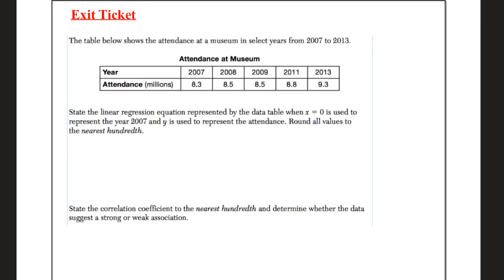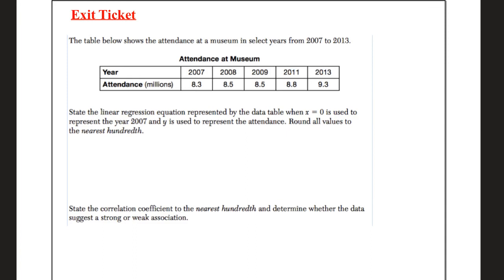And for this final question, slightly different with what we plug in. We're not just going to strictly type in what we see in the table here. If you read carefully, it says use 0 to represent 2007. Instead of treating the year like it's worth 2007, they're treating this as the very beginning. So if this is 0, this would be 1, this would be 2, and here's where the trick comes. It skips 2010. So when you enter it in, you're going to type 0, 1, 2, 4, skips 2012, so 2013 would be represented by 6.